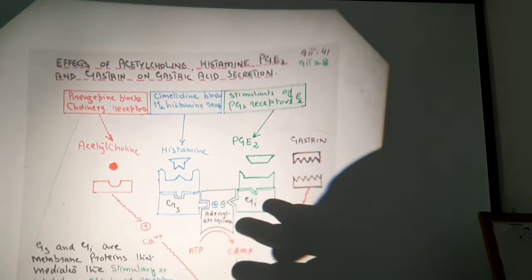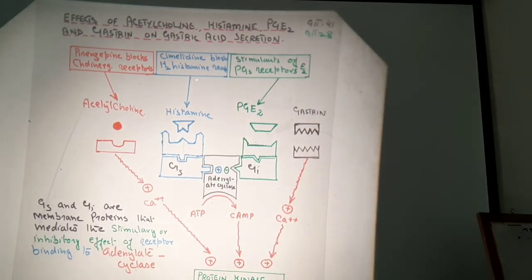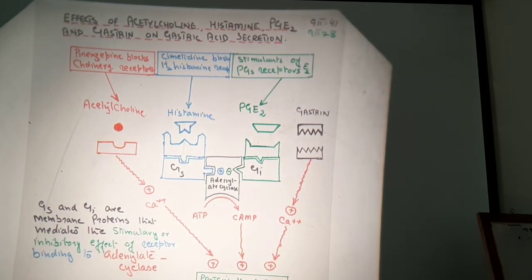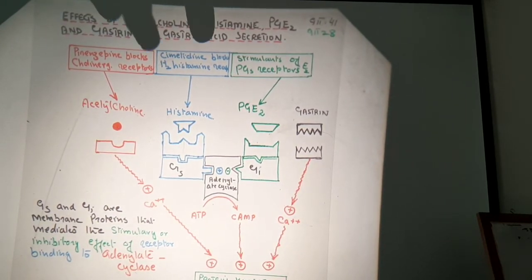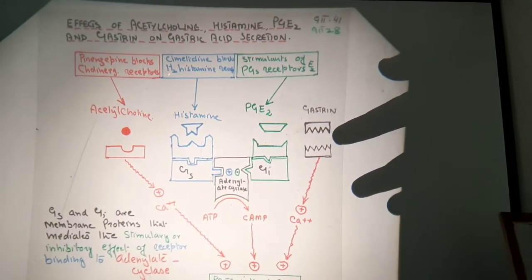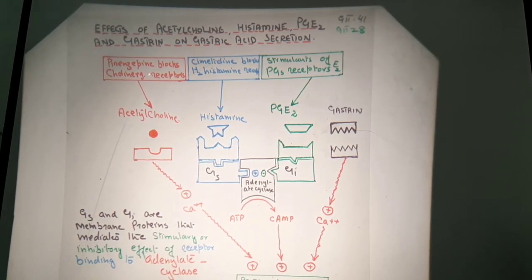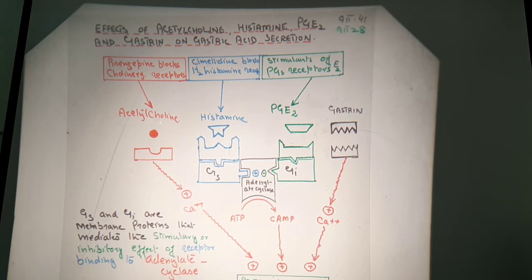So again, the effects of acetylcholine, histamine, prostaglandin E2 on gastric acid secretion. This figure I have explained in my last lecture, so there is nothing more to explain. So now the drugs are, pirenzepine. It blocks the cholinergic receptor, meaning acetylcholine secretion. Then stimulants of E2, that is prostaglandin.